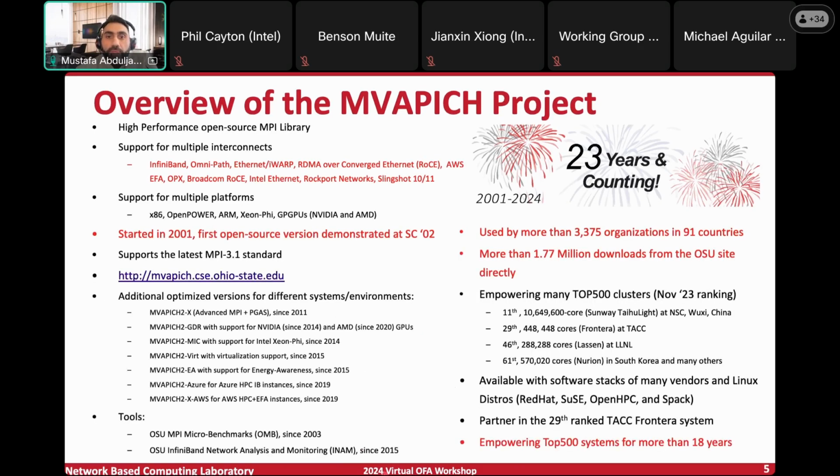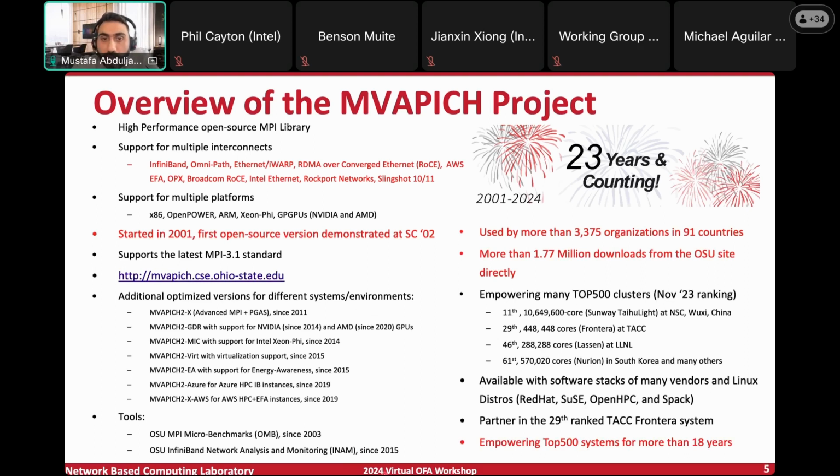So on one hand, we talked about the Broadcom RoCE, and on the other hand, we have our known work, a high-performance communication middleware known as the MVAPICH library.